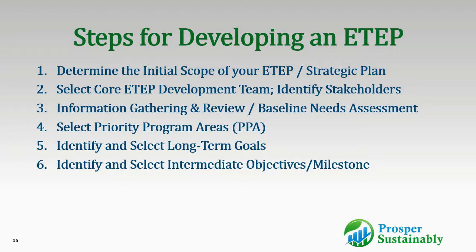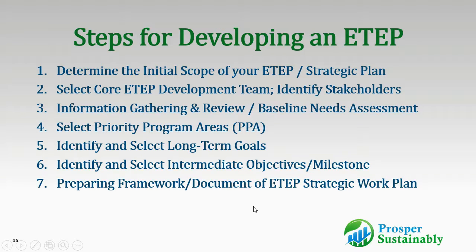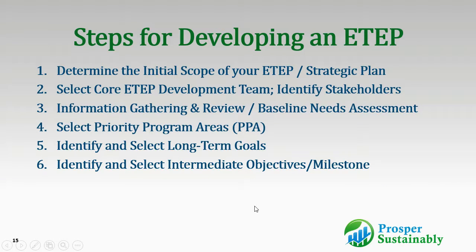I refer to these as intermediate objectives because they're really sub-goals, and that's going to be the specific things you're going to accomplish to achieve your goals. So one example was developing a stormwater pollution prevention plan template could be an objective. Also developing an air monitoring strategy. So developing an air monitoring QAPP would be a specific objective under your air program, which would be pursuant to the goal of reducing or eliminating air pollution.